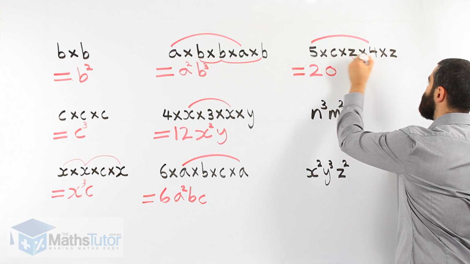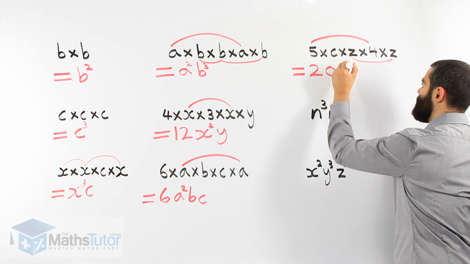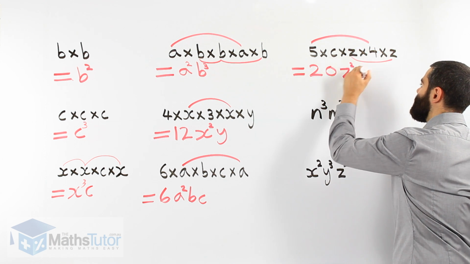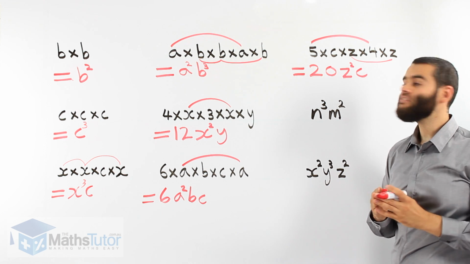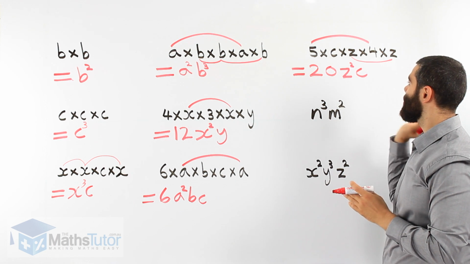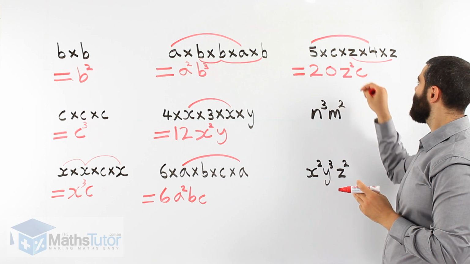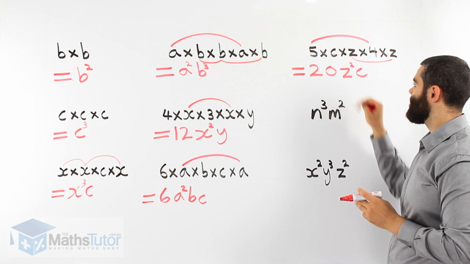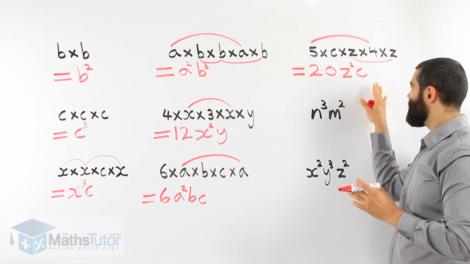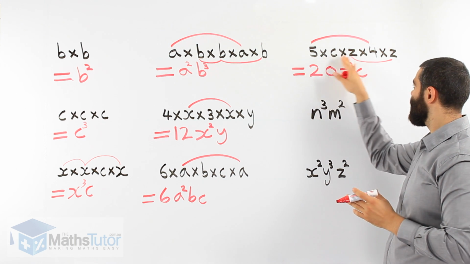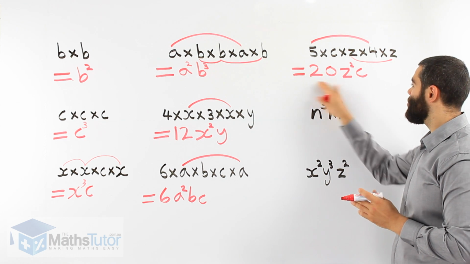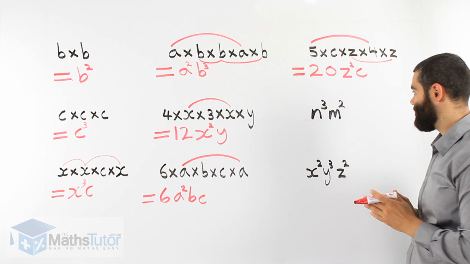So we can do the z's, means z squared, and then c. 20, z squared, c. Have we done it correctly? Yes, 5 times 4, 20. The c is already there, and z times z, z squared. Much simpler, much shorter than writing it in this confusing way. This is called index notation.